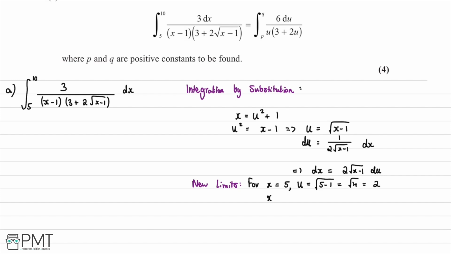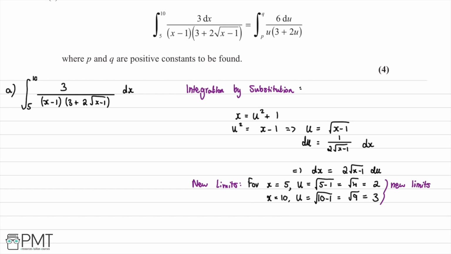And for x being equal to 10, u is equal to the square root of 10 minus 1, that is the square root of 9, which is equal to 3. So this is our new limits here.